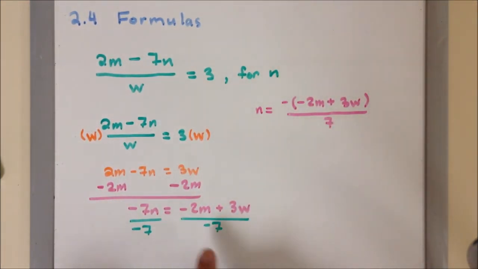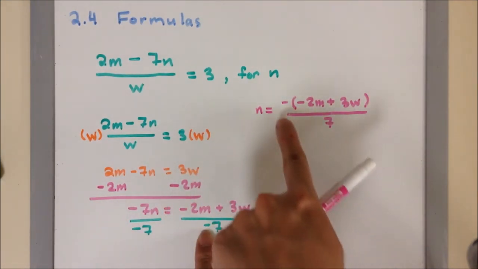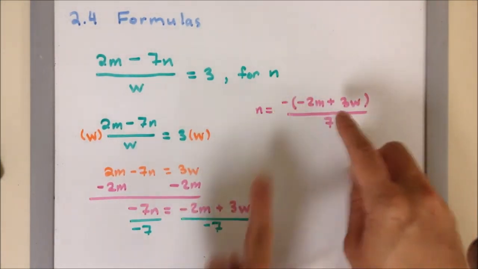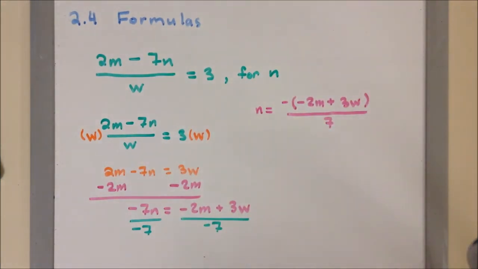So I repeat, this negative went up to the numerator, which is right here, then parenthesis, then negative 2m plus 3w. So this is one form the answer could look like on, say, the ACC final or the TSI.